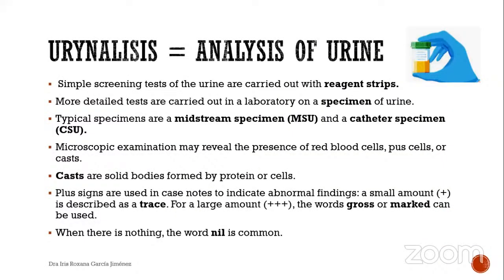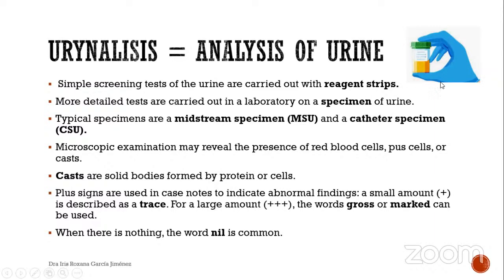One of the most important lab studies we will ask for in our medical activities, of course, is the urinalysis, or the synonym, analysis of urine. It's a simple screening test of the urine carried out with reagent strips. More detailed tests are carried out in the laboratory on a specimen of urine.